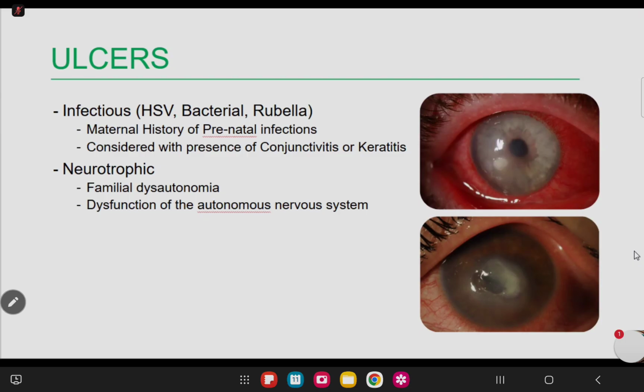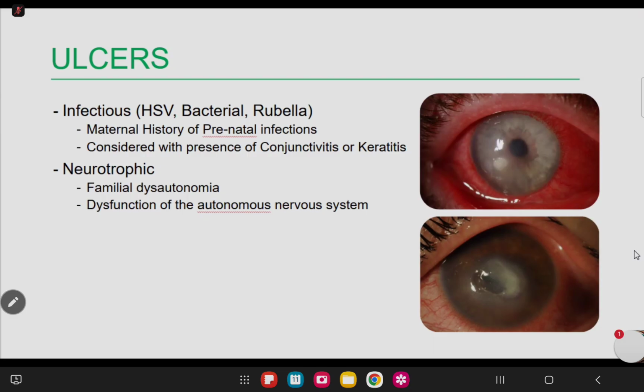History of prenatal infections is usually extracted, and it is also considered with presence of conjunctivitis or keratitis. So corneal ulcers are also evaluated for this type of conditions.